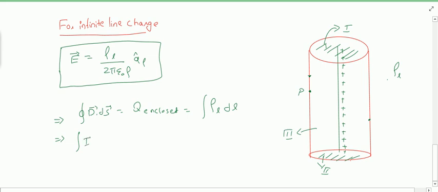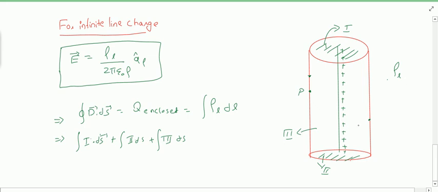So I have to do the first surface integral plus the second surface integral plus the third surface integral. Here D dot dS everywhere will be equal to the integration of rho l dl.